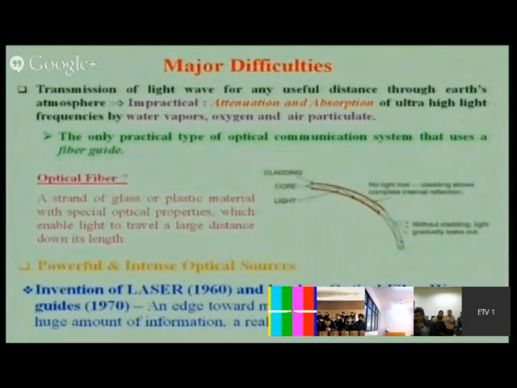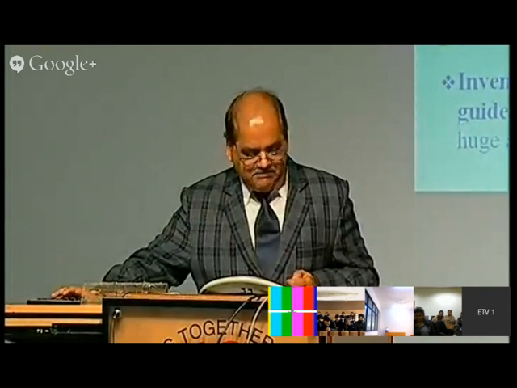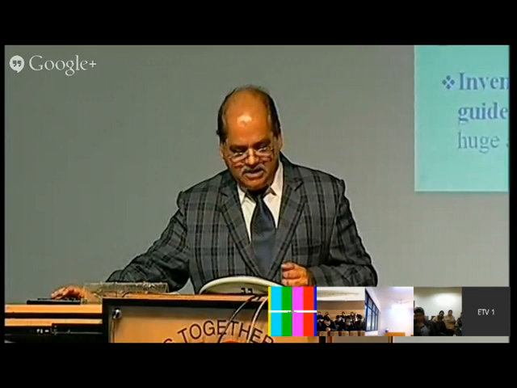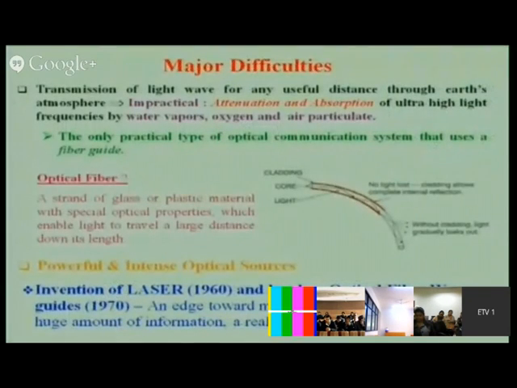So the development of lasers and optical waveguides was an edge toward making the dream of carrying a huge amount of information a reality. So it is all with the laser and the optical fiber.